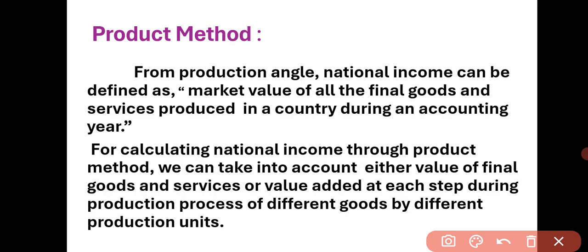So we can take either of the two. Either we can take the final market value of final goods and services and calculate GDPMP, or we can take the gross value added by all producing enterprises in the primary, secondary as well as tertiary sector. Then also we can get GDPMP, right? So this is the process of how we can calculate GDPMP.